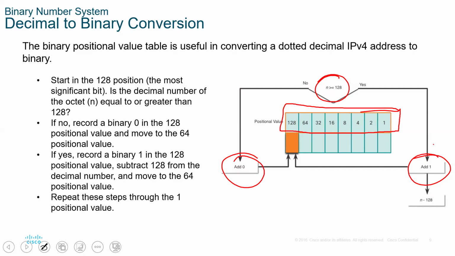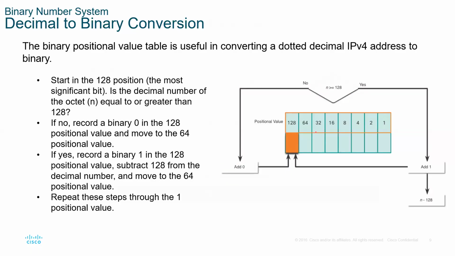If no, record a binary 0 in the 128 value and move to the 64-bit position value. If yes, record the binary 1 in the 128 position value and subtract 128 from the decimal number and move to the 64 position value. Repeat these steps through the position values.